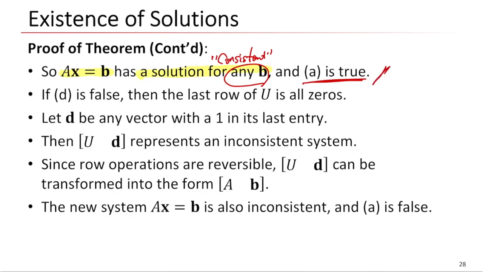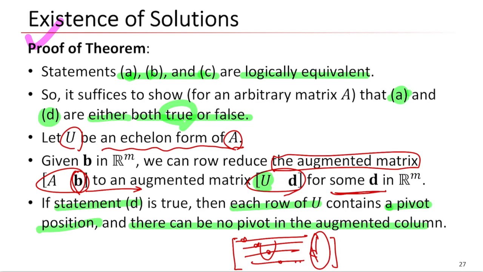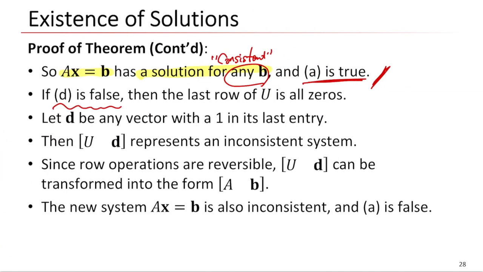Another case: if D is false, I mean, if there is no pivot position in the last row, then that row will be all zero. Then vector d can be any vector with a 1 in the last entry, like 0 0 0 0 0 and 1.